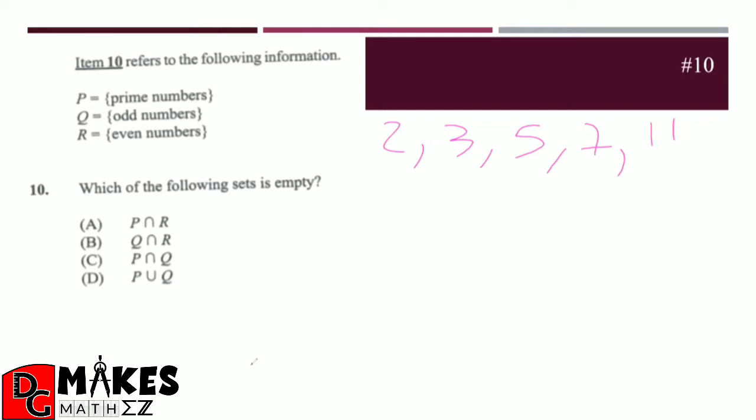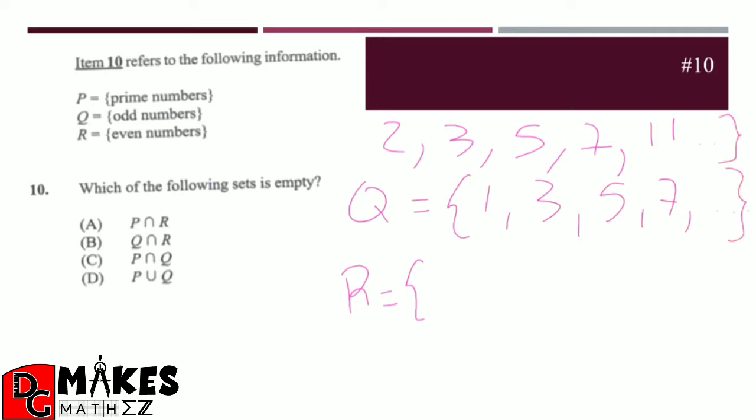So for set R, we have the set of numbers starting 2, 4, 6, 8, 10, 12, 14, 16, etc. And then we have Q, the set of odd numbers 1, 3, 5, 7, 9, etc. And let me just show that P is that set of numbers.